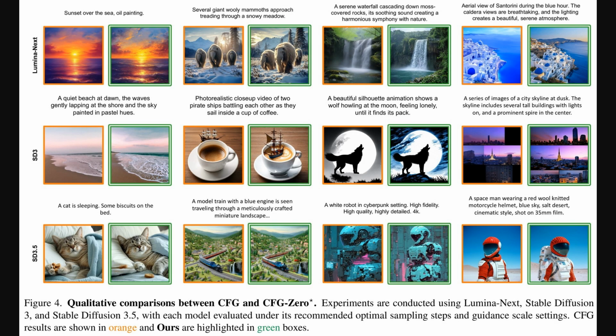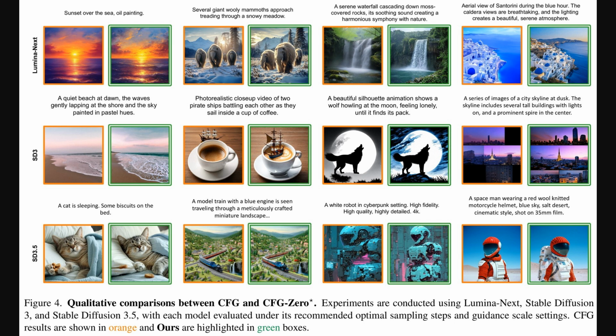Okay, now Figure 4 expands on those visual comparisons we saw earlier. Instead of just one example, this figure gives us a whole gallery, showing results from different models, like Lumina Next, SD 3, and SD 3.5, across a variety of prompts.